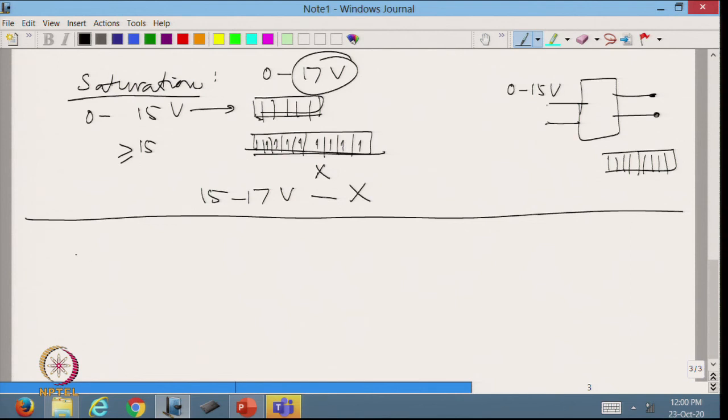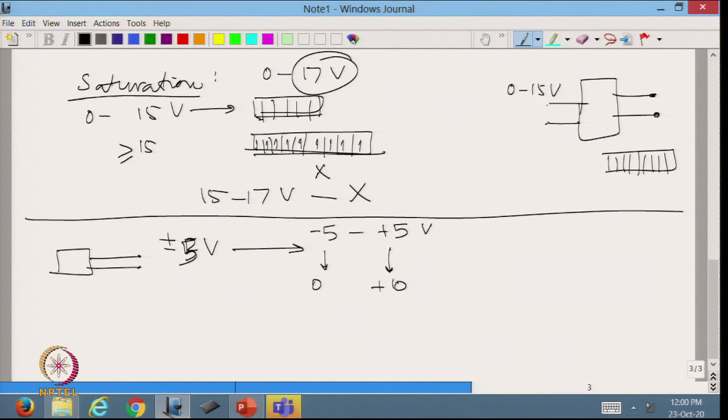Then we have a case where certain devices will give out a signal in a plus minus range. So, this signal could be plus minus say 5 volts. Now, the A to D converter does not like minus volt signals. So, what we do is a pre-processing: map minus 5 to plus 5 volts to 0 to plus 10 volts.